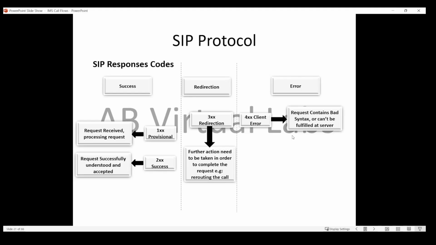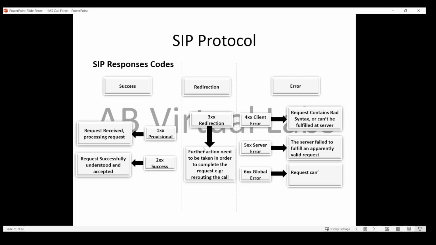And then 5xx is a server error, where the server is not able to fulfill this request. And then we have a global error showing that this request cannot be fulfilled at any server. So these are the SIP response codes that describe the SIP responses according to RFC 3261.